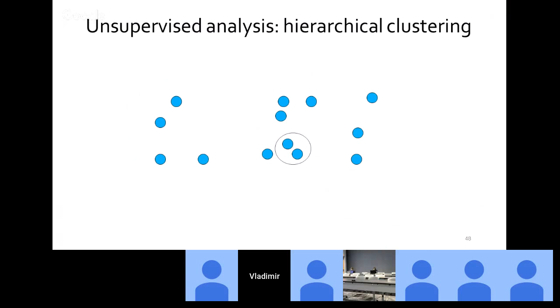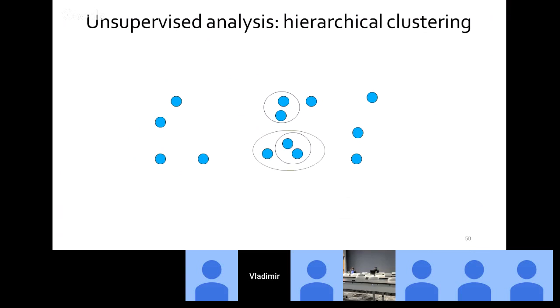And further on in the procedure of bottom-up hierarchical clustering, we treat this pair of samples as one quasi-sample. So these samples are united into one quasi-sample. Then we find the next pair of samples or quasi-samples for which the distance is the lowest one and unite them and continue this process.